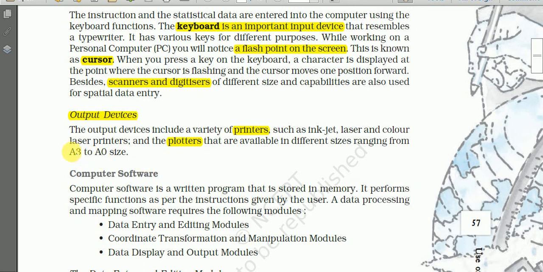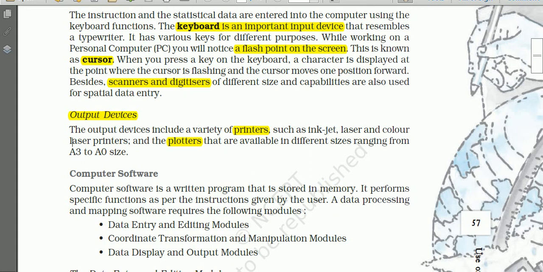You know, the paper which you are using for making projects is known as A4, and A4 plus A4 is A3. Then smaller to this we have B4, then legal, then A4, like that. So we have different sizes of paper, and we can print it on the different printers.